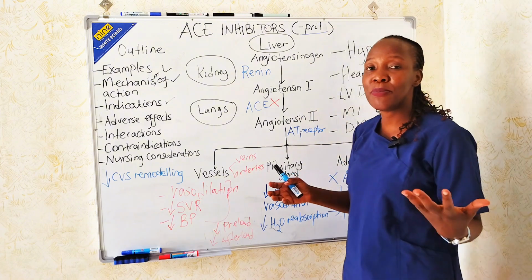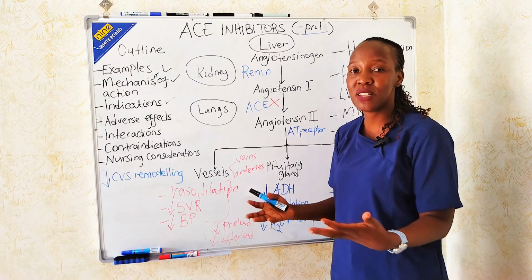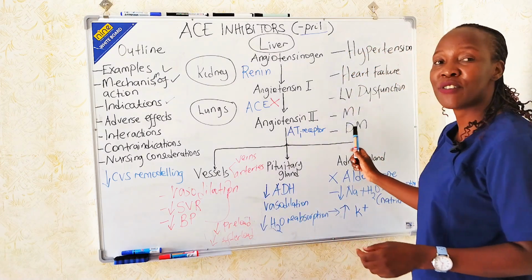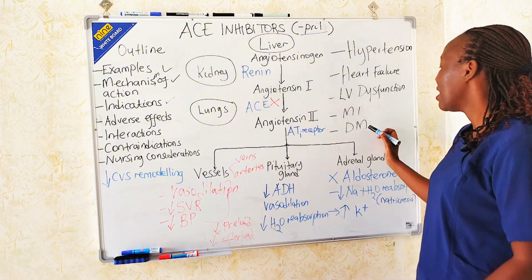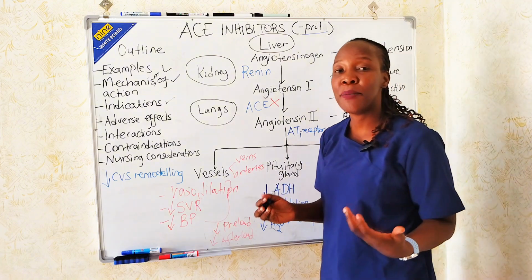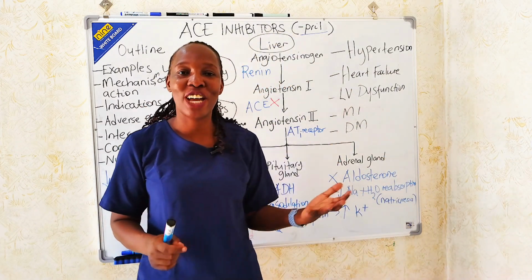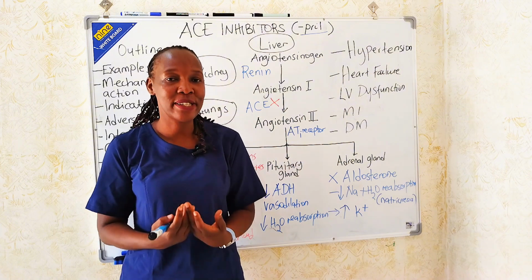Remember, diabetes mellitus is one of those conditions that easily leads to kidney damage. So if we are having the RAAS system exaggerated in this case, it can fuel a diabetic nephropathy. So these drugs are usually the drugs of choice in clients who are diabetic.